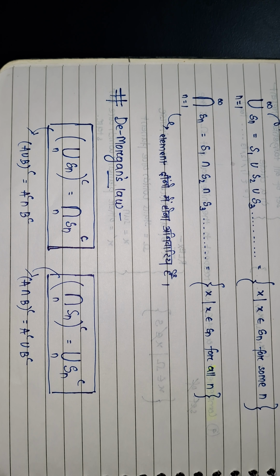Similarly, for a set A intersection B, its complement is equal to the complement of individual A set union B complement set. This is wholly the De Morgan's law.